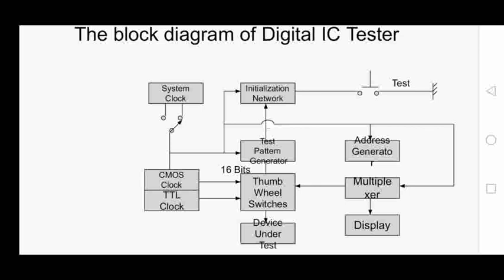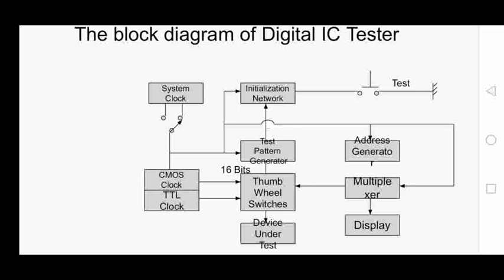Based on the test code chart, you generate the test pattern that is applied to the corresponding IC pins, which will be decoded and will generate the address generator that is given to the multiplexer. All this arrangement is again given as a feedback path to the thumb wheel switches, so the entire arrangement will look like this.